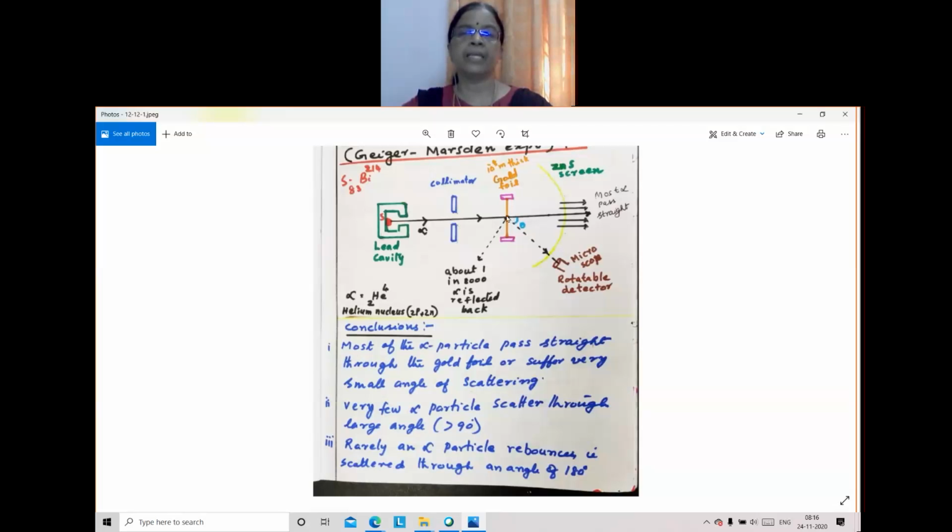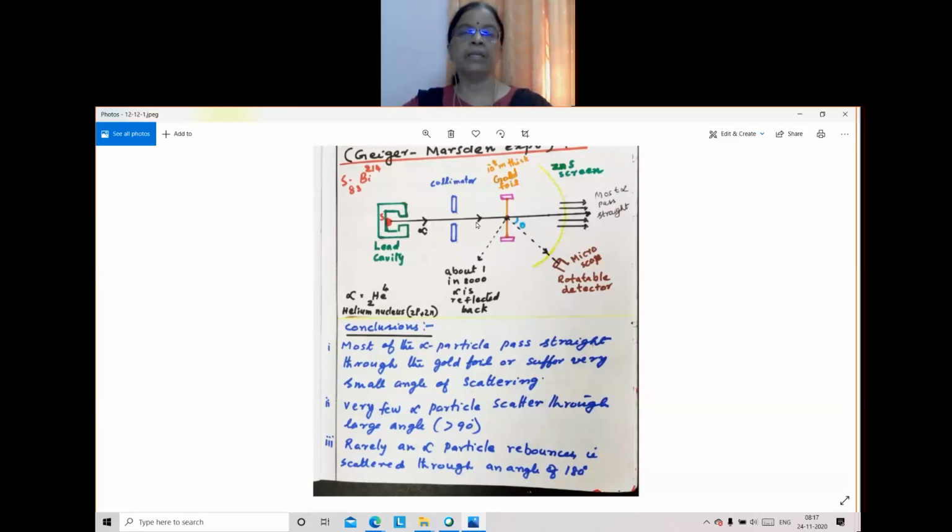That means at the center of the atom, there is a heavy core, which is more charged than the alpha particle. The alpha particle is He, 2 and 4: 2 is the charge number, 4 is the mass number. So this nucleus must have a positive charge at the center of the atom.